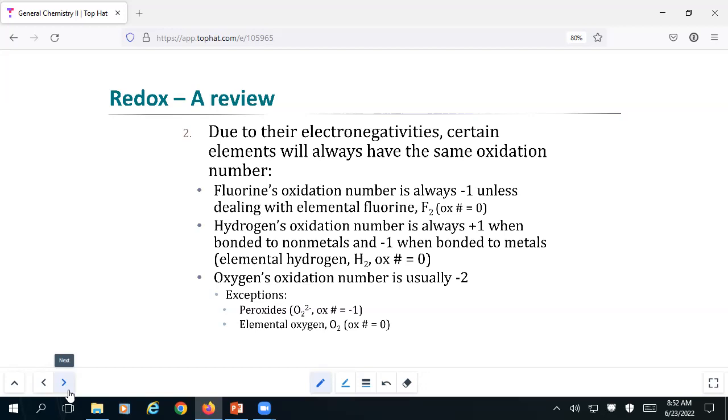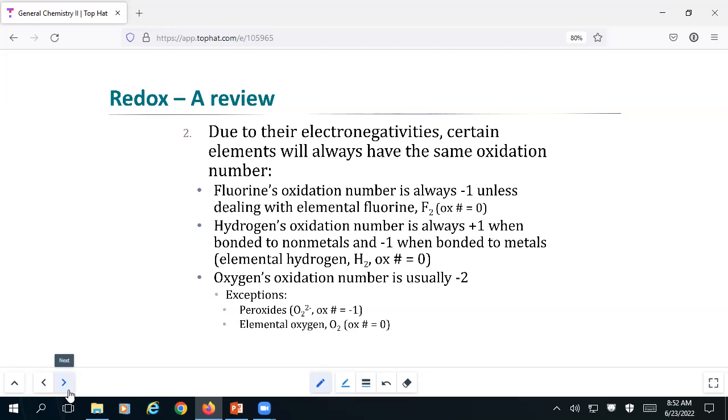And so if it's got its 1 and it's adding 1 more, there's your 2. So the range of states for hydrogen is pretty limited based upon its size and its chemistry.